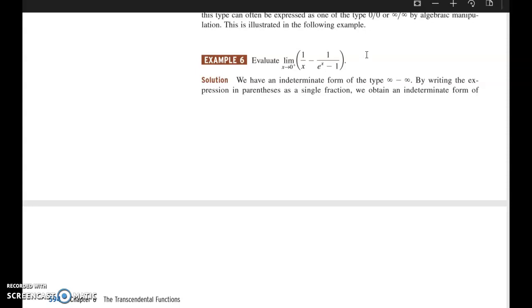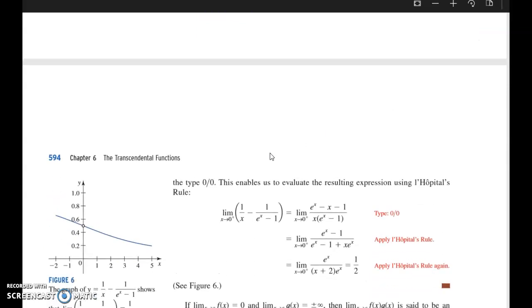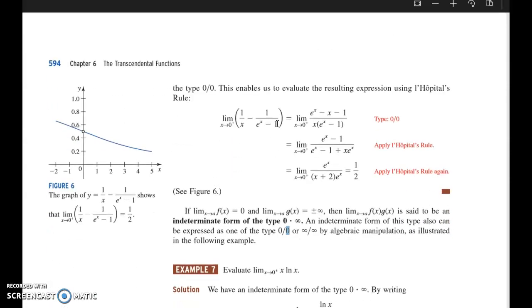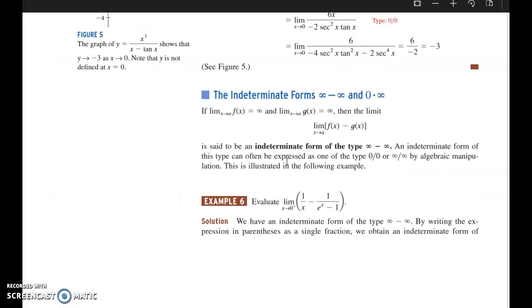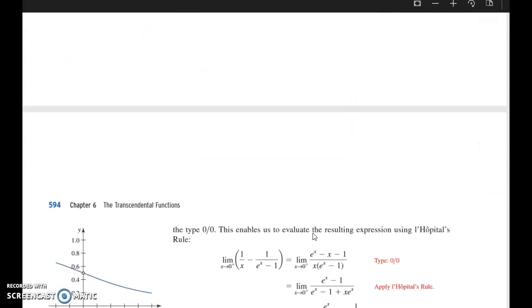For the infinity minus infinity type, by writing the expression as a single fraction, we obtain an indeterminate form of the type 0 by 0 or infinity by infinity. So convert this infinity minus infinity into a single fraction.